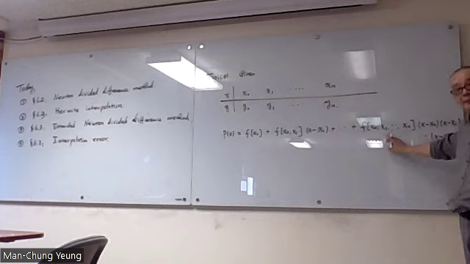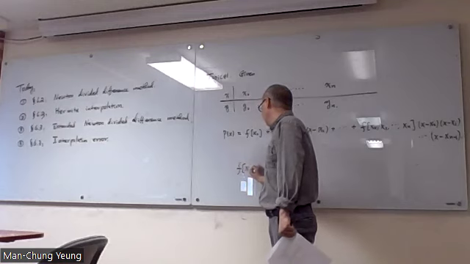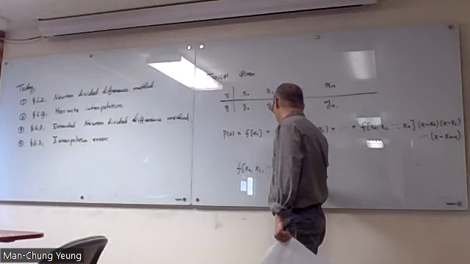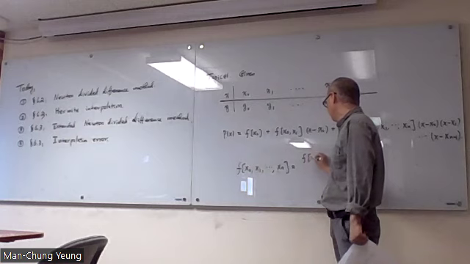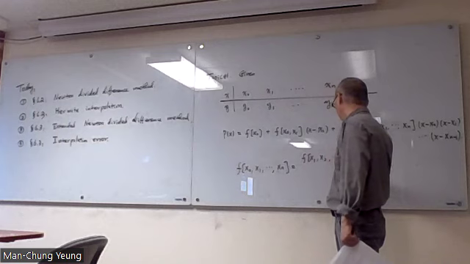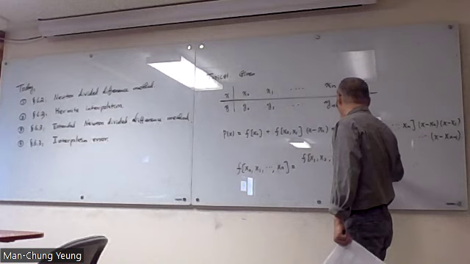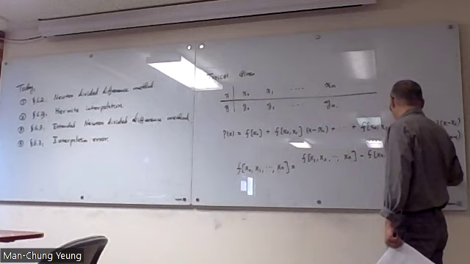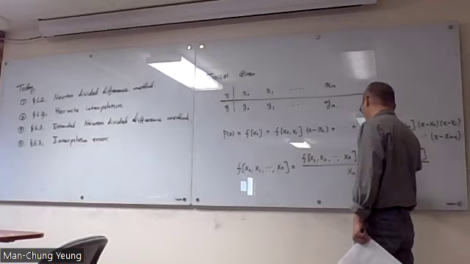There is a formula to compute the coefficients. This formula: f[x0, x1, ..., xn] is equal to f[x1, x2, ..., xn] minus f[x0, x1, ..., x(n-1)], over xn minus x0.